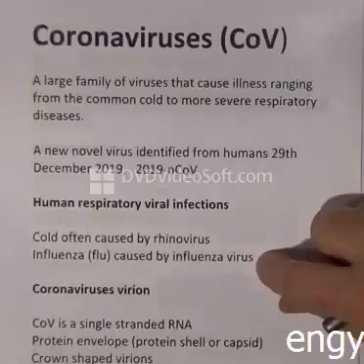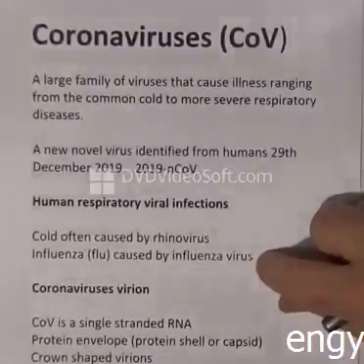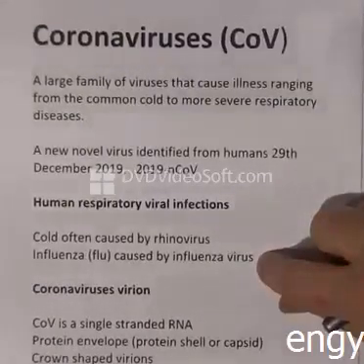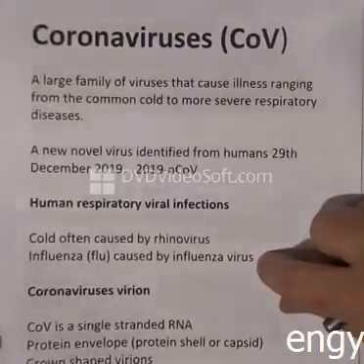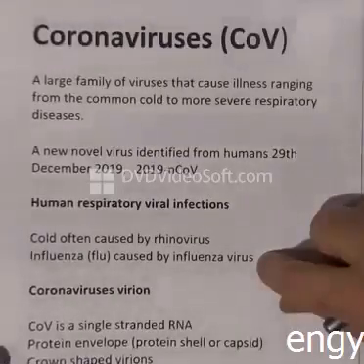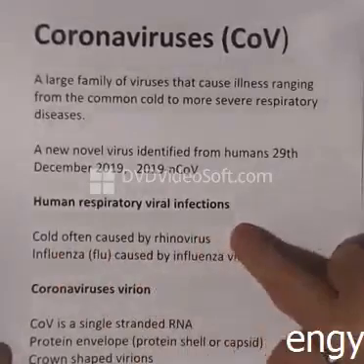And what that meant was it expressed different proteins. And these were proteins that our immune system was not familiar with. So we didn't have immunity to it, and it caused severe illness, inflammatory reactions, and it killed young people and old people tragically. So different viruses can cause human respiratory viral infections.